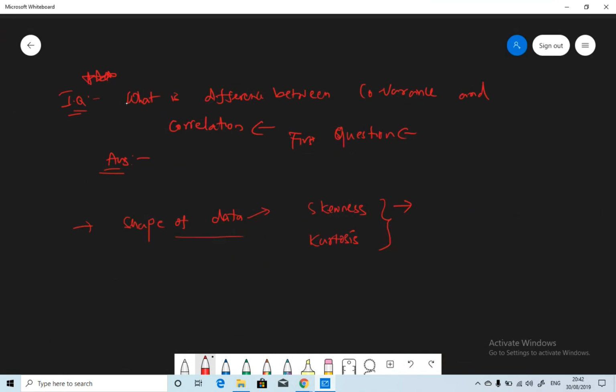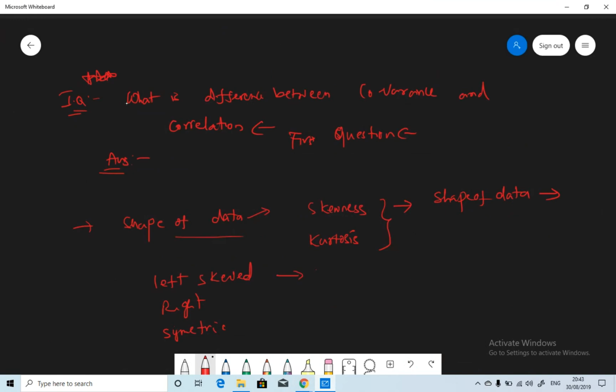Skewness will tell the shape of the data. Here we have three concepts: left skewed, right skewed, symmetric. What happens in the left skewed?